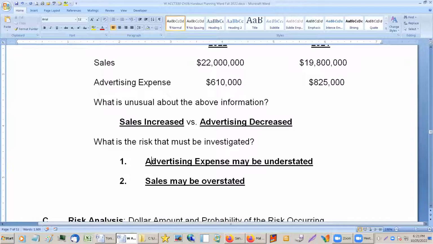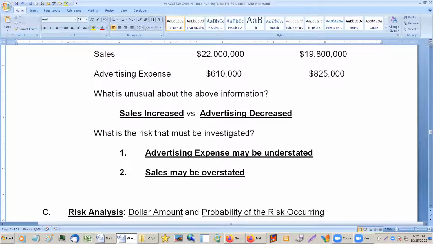So it could be advertising expense is understated, it could be sales are overstated, and either one of those may be fraud or maybe a mistake. It doesn't necessarily have to be fraud. It could be error or fraud. So it's not always about fraud.